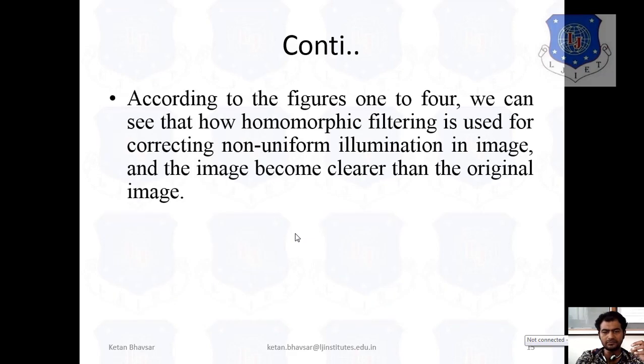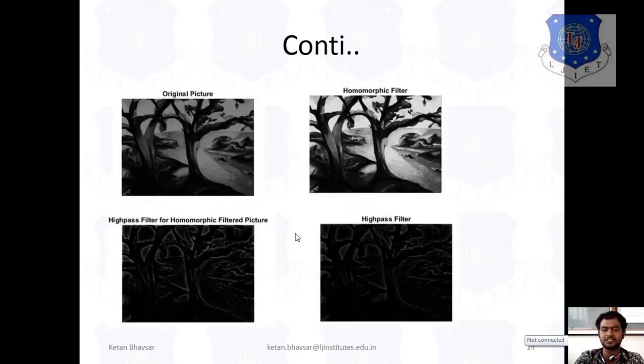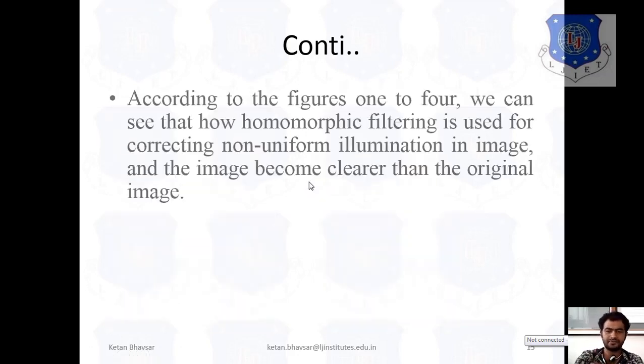According to figures 1 to 4, we can see that the homomorphic filter is used to correct non-uniform illumination in an image, and the image becomes much clearer than the original image. So this statement is proven. As you can see from this image, the image and data look much brighter and much more clear as compared to the original image.